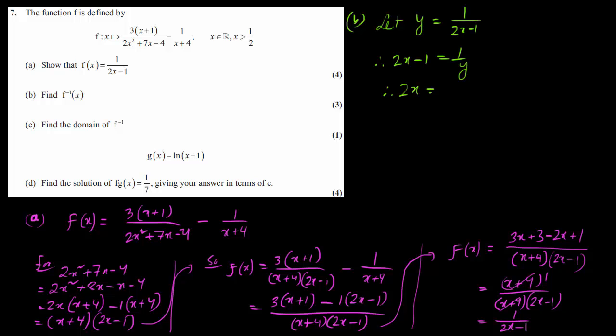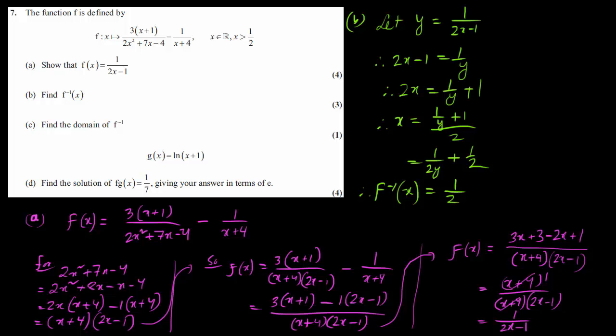Therefore, 2x equals 1 by y plus 1. Therefore, x equals (1 by y plus 1) divided by 2, and that turns out to be 1 by 2y plus 1 by 2. So f inverse x is going to be 1 by 2, and since we are writing x over here, we cannot write y over here. We have to write x plus 1 by 2.